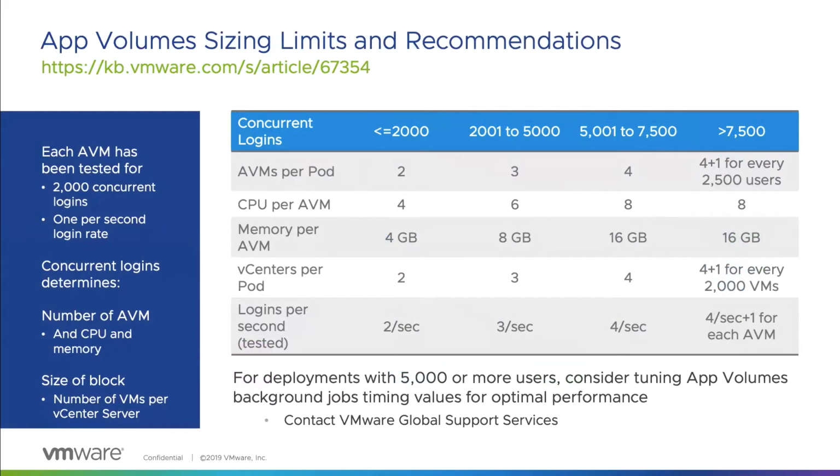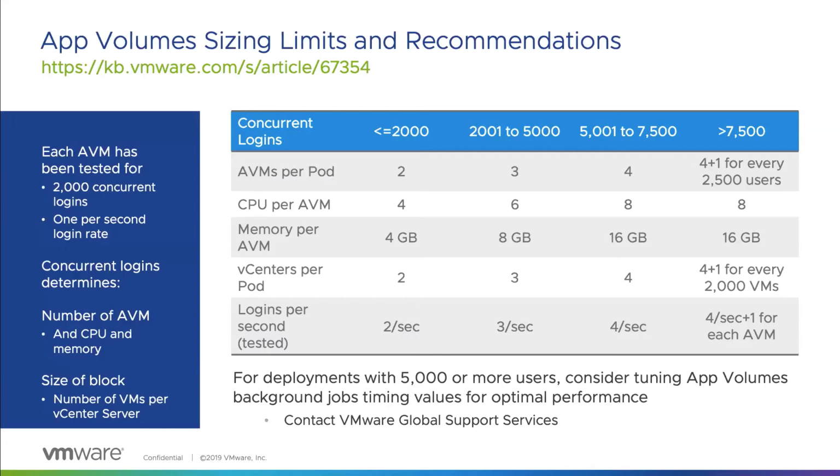App Volumes has certain scalability and sizing limitations and recommendations. If you have a setup of 2,000 users, 2 App Volumes Managers are more than enough. The key consideration here is the number of logins per second. It takes about half a second for one user to log in.